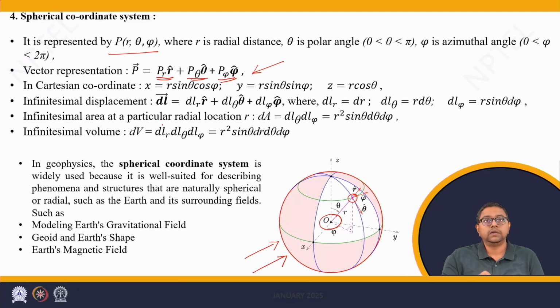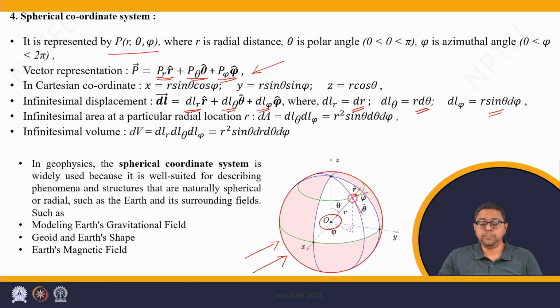Corresponding infinitesimal displacements are given by dl_r, dl_theta, and dl_phi, where these are given by a differential in the radial coordinate, a differential in the polar angle, and a differential in the azimuth angle.